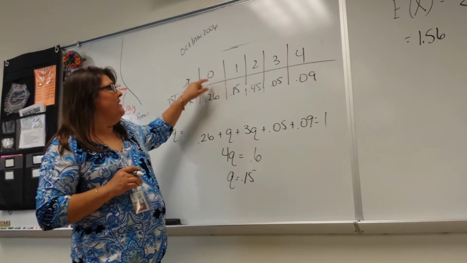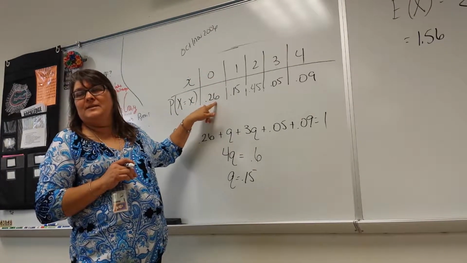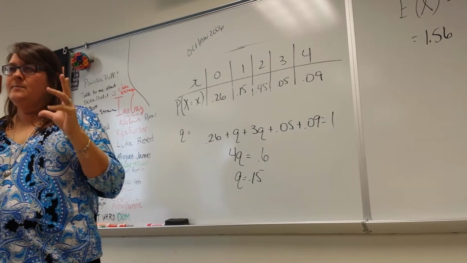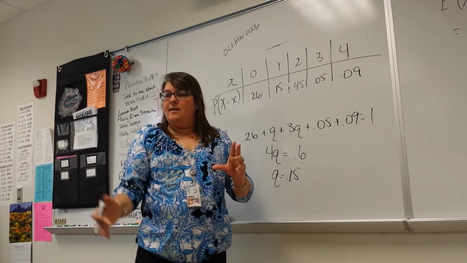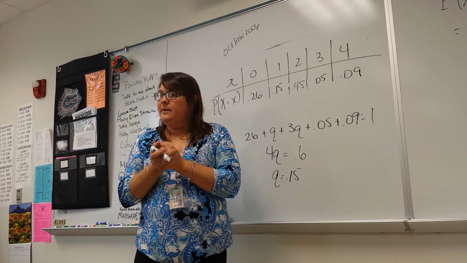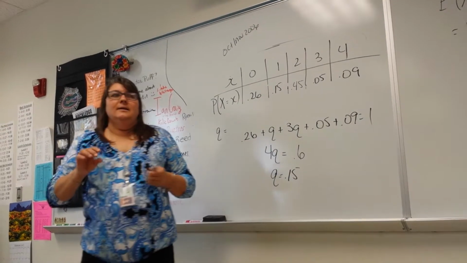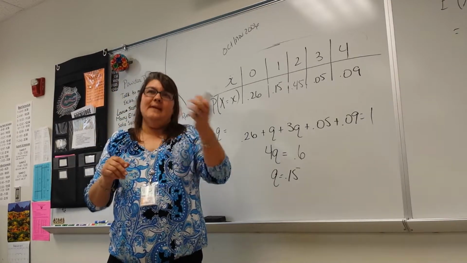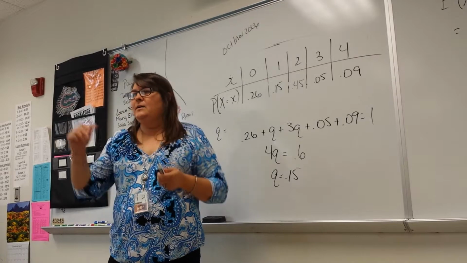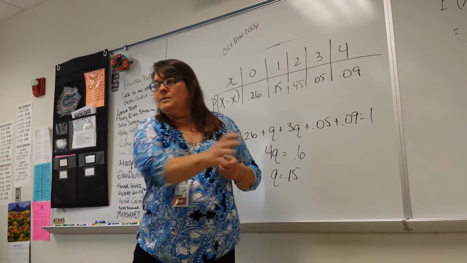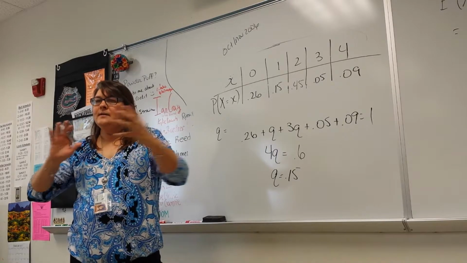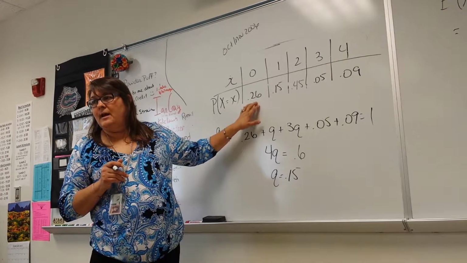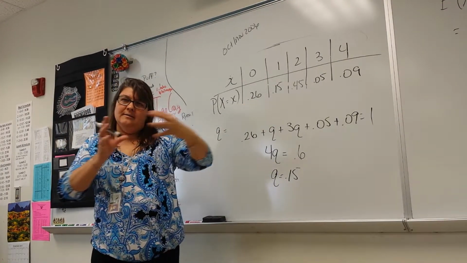The idea is 0 happens 0.26 of the time. We've done this before with histograms: we would square, add it all up, and multiply, and that's how we got variance. If you had 5 values of 1, 7 values of 2, and 8 values of 3, and wrote them all out, what was the spread of those x values? It's the same concept here, but it's harder to see with percentage values beside it. It's figuring out what the spread of those numbers is.